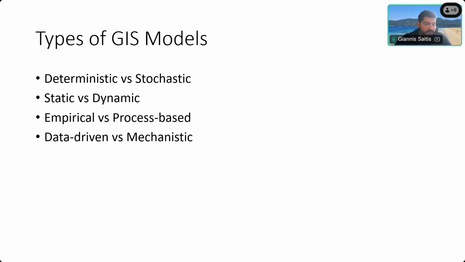Before, I said we need to be static in order to make a suitability map. But if we want to see the changes through time, like urban growth, then we are working with something dynamic. Same data sets, but different managing.